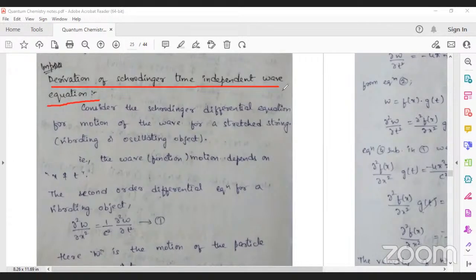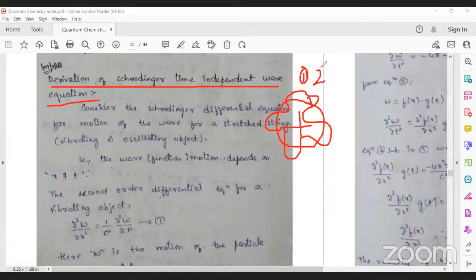According to the de Broglie principle, whenever the electron is revolving around the nucleus, it possesses dual nature. One is the particle nature and the other is the wave nature. So the wave motion depends on x and t.